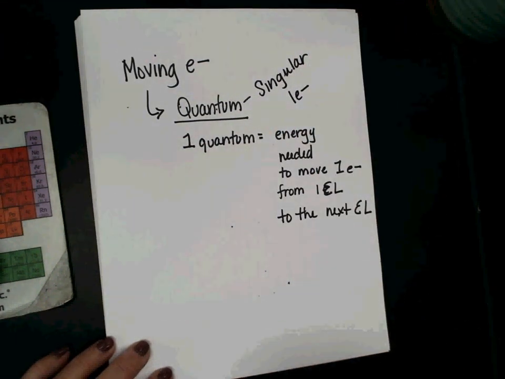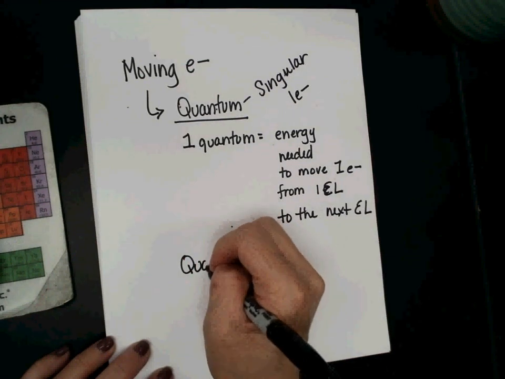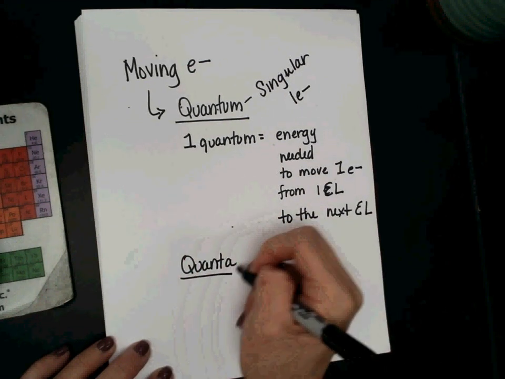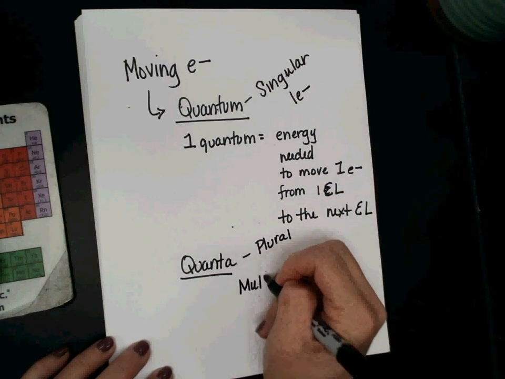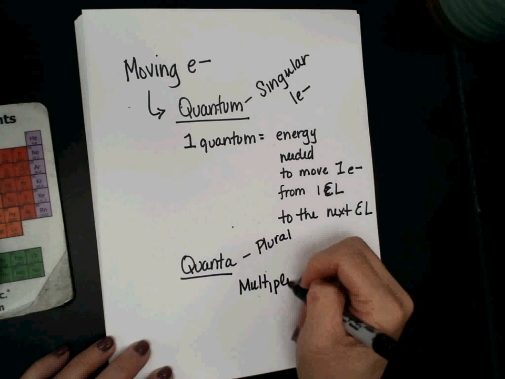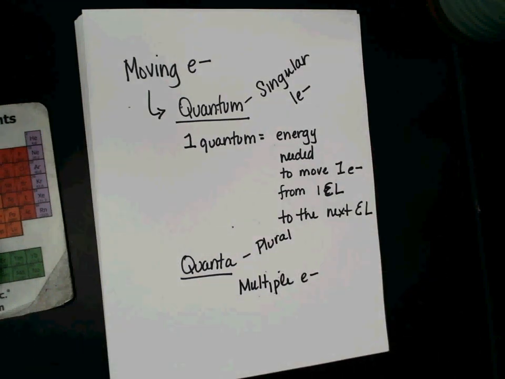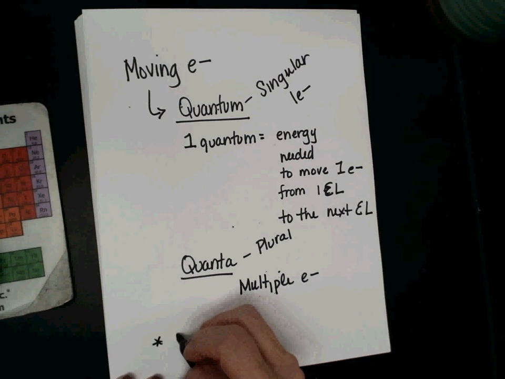Quantum is singular. It's when I'm working with one electron. Quanta is plural, and I use it when I'm talking about multiple electrons. Like I would say, if I have one electron moving from the second to the third energy level, I would say it takes one quantum. If I have three moving, I would say that it takes 3 quanta of energy.